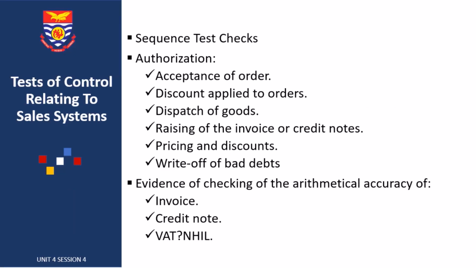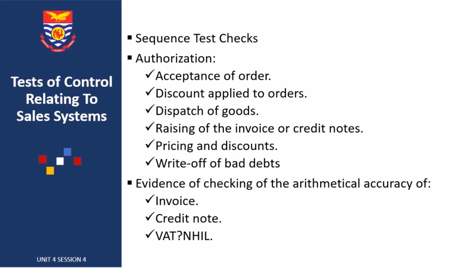Now let's take the test of controls relating to sales system. Test of control should be designed to check that the control procedures are being applied and that objectives are being achieved. The test may be appropriate under the following broad headings. So we have the sequence test checks. Then we have authorization.